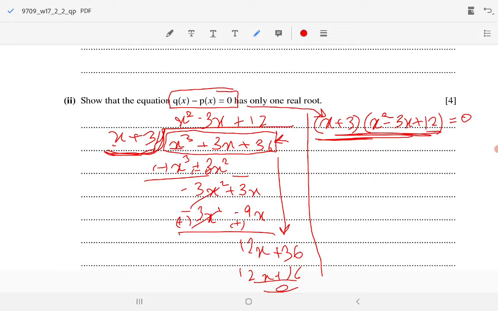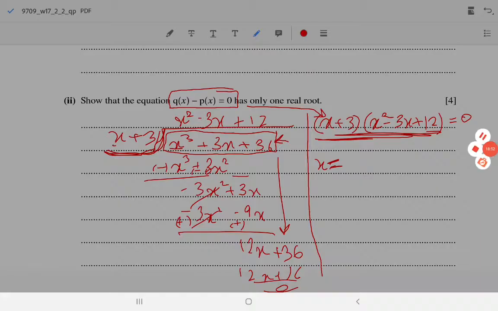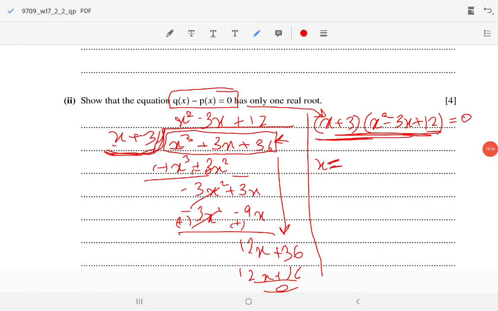If you solve, you get x equals minus 3, and for this part we can just use the quadratic formula. So x equals minus b plus or minus root of b squared minus 4ac, divided by 2a.